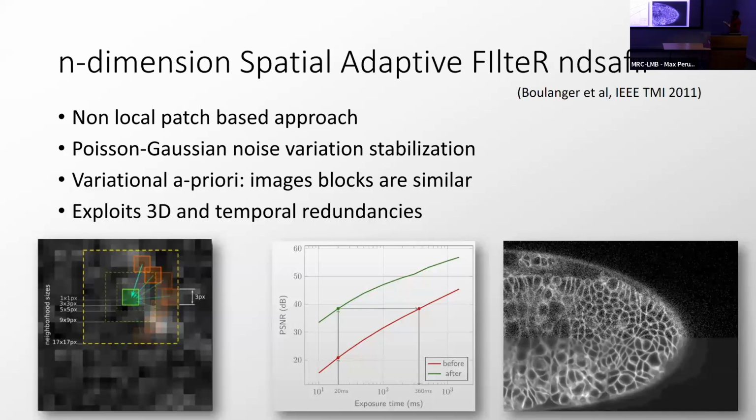Virtually, all these denoising approaches could be seen with this kind of diagram where you have an exposure time, and you start at 20 milliseconds. If you have a reference image, you can measure a kind of PSNR, a quality metric.